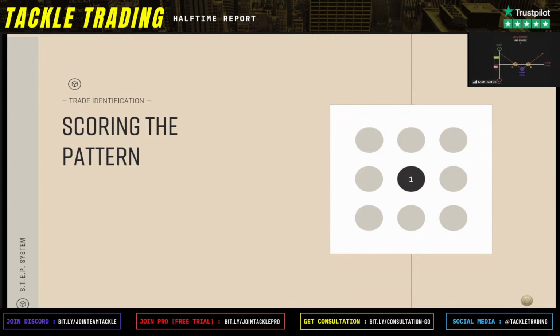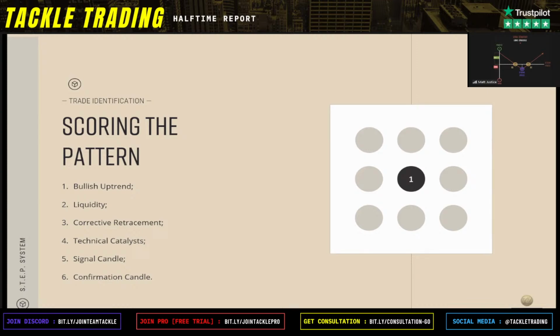And when it comes to bullish retracements, when it comes to scoring the pattern, we have 6 different criteria we like to look at. I'm going to go through this in a little bit of detail as we get through the session tonight. But just right now: bullish uptrend, liquidity, corrective retracement, and then a technical catalyst.